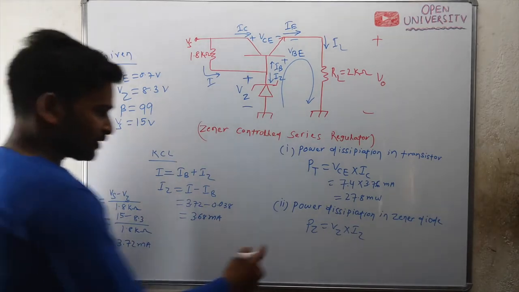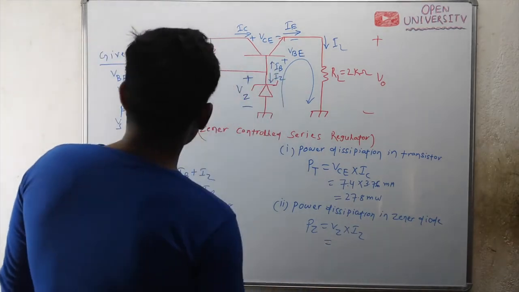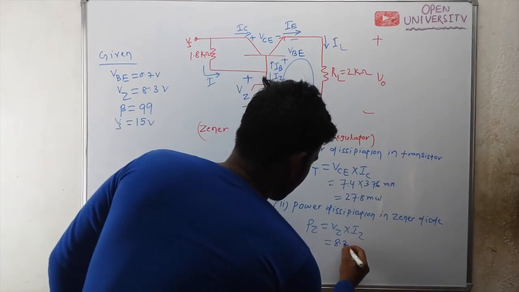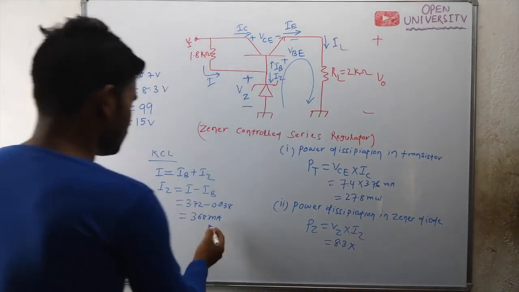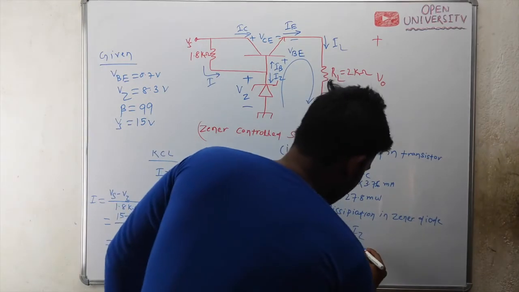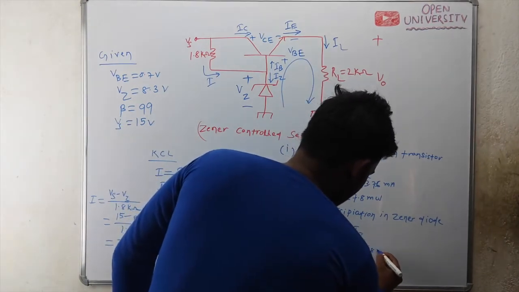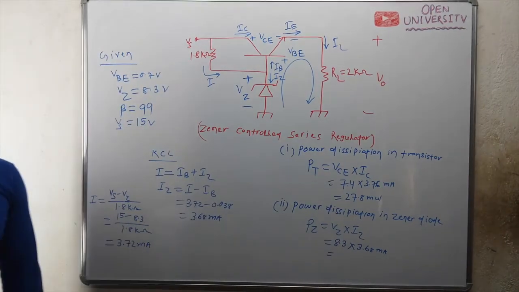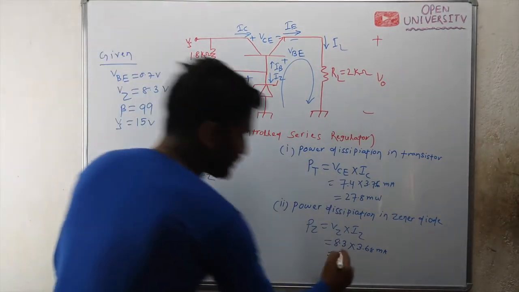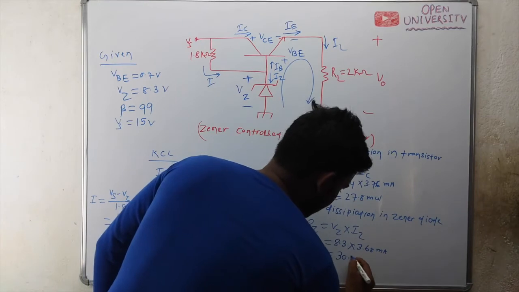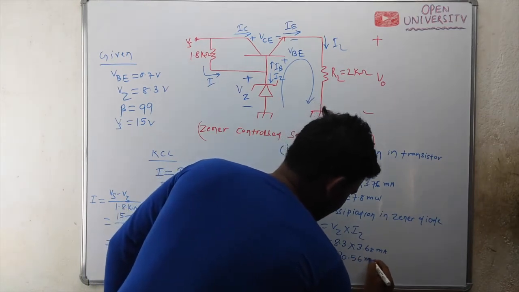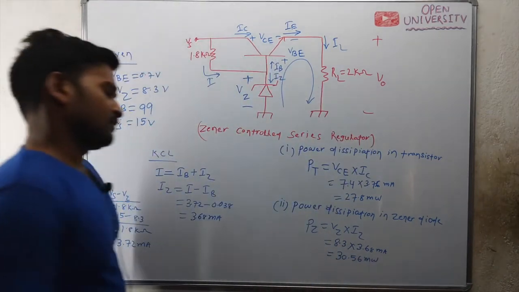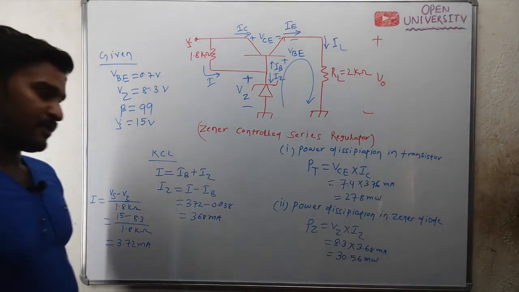Then you can get the power dissipation PZ equal to 8.3 volt into IZ, 3.68 milliampere, which will be equal to 30.56 milliwatt. The power dissipation in the Zener diode is 30.56 milliwatt.